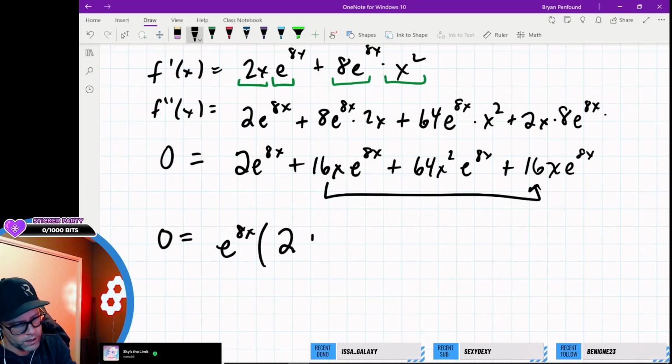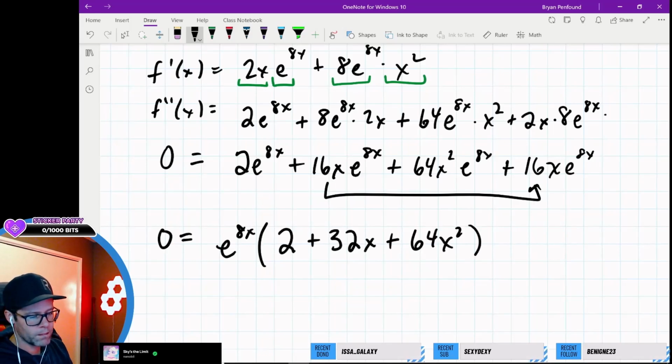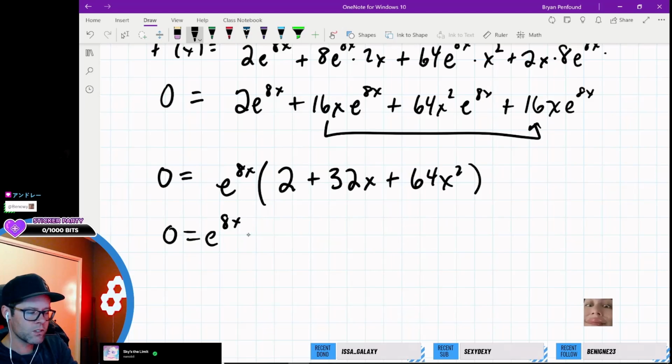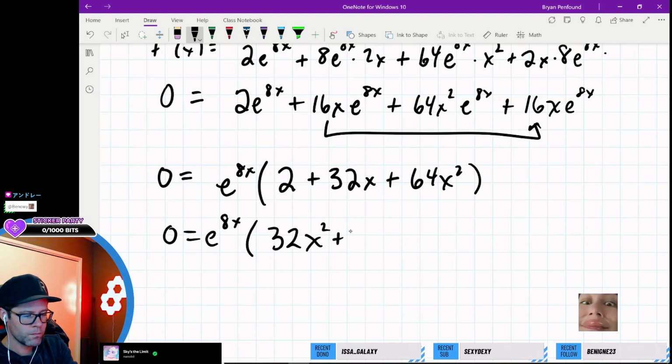So we'll have 2 plus 32x plus 64x squared. Cool, so we get a quadratic. So that's where our 2 solutions are coming from. Let's factor that quadratic and see what our 2 solutions are. So let's rewrite this. Let's divide by 2.